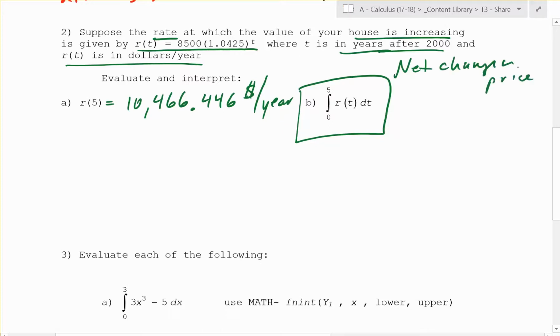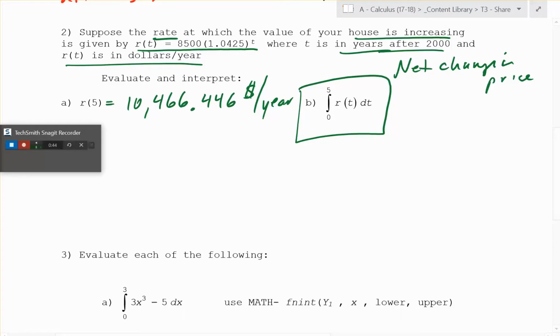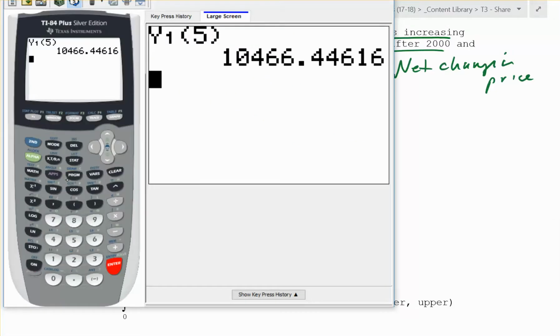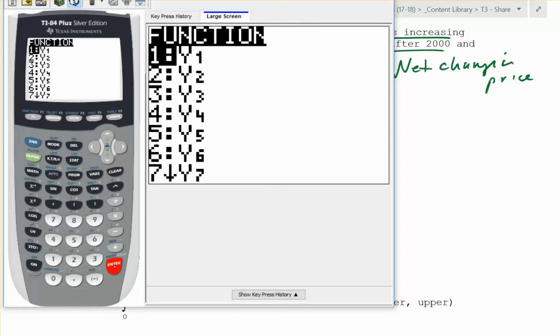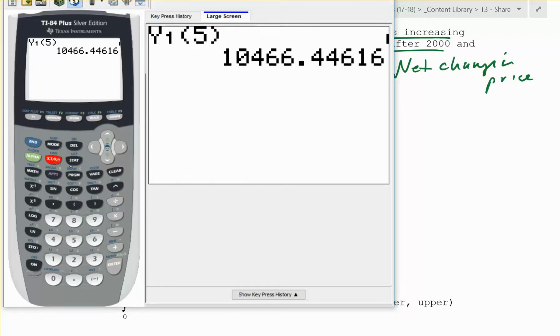So this right here would be the net change in the price of the house. So how do we do that on our calculator exactly? Well, what you do is you get math and then 9. That's going to bring up this menu. And you fill in the blanks here, 0 to 5. And then what function are you using? You're using y1, like this, and the integral is with respect to x.